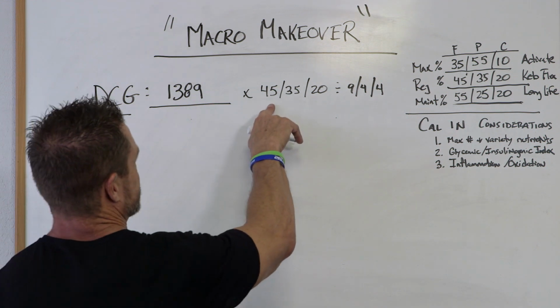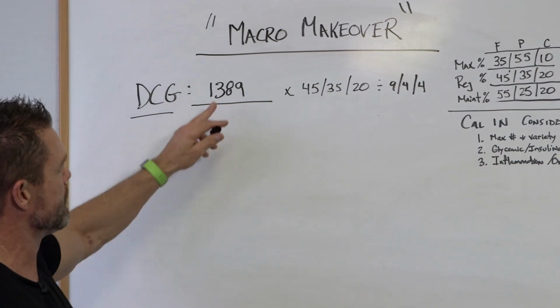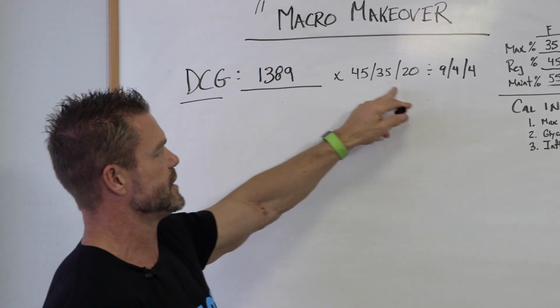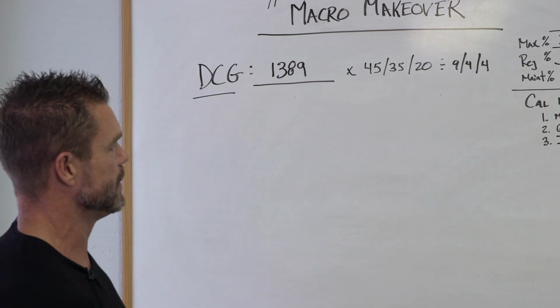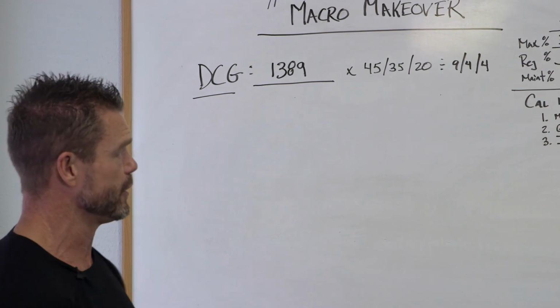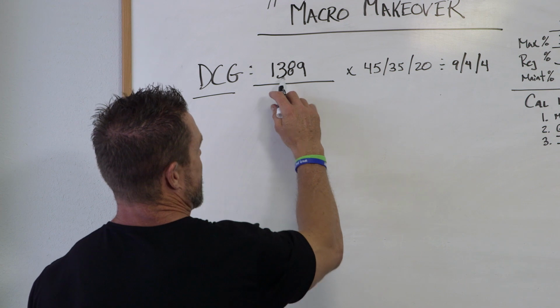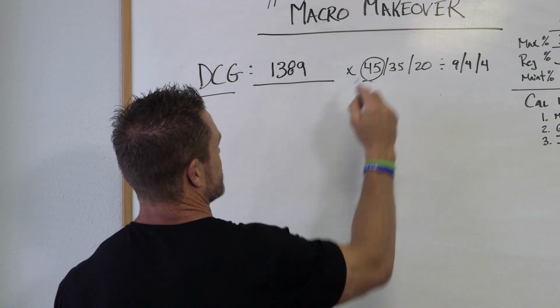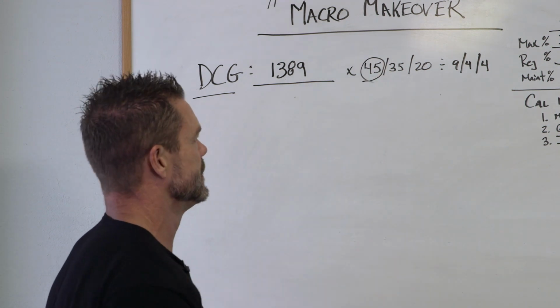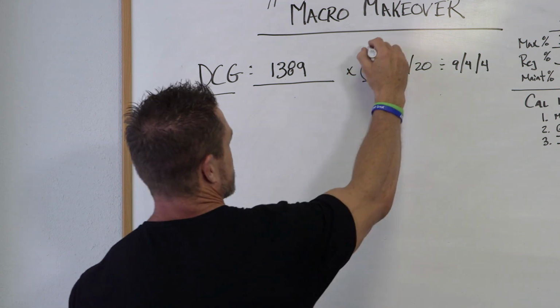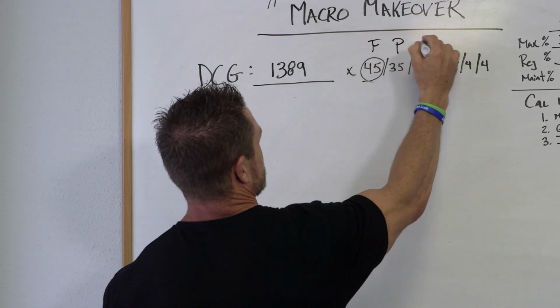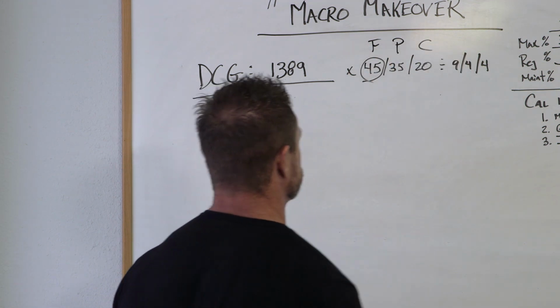So then you would break down from that number the percentages on the macronutrients. All right, hopefully you're following along. So of these calories, 45% are fat. So that's how that is. This is fat, this is protein, this is carbs. FPC.